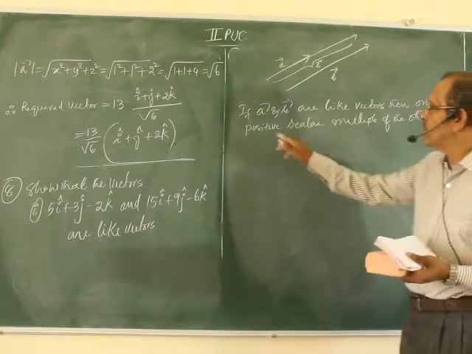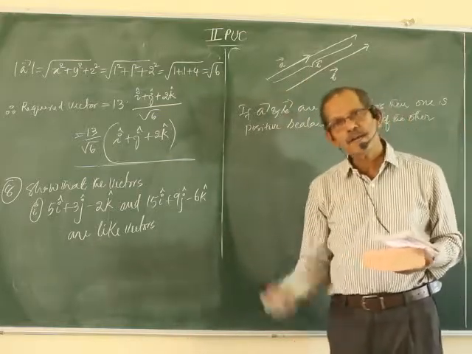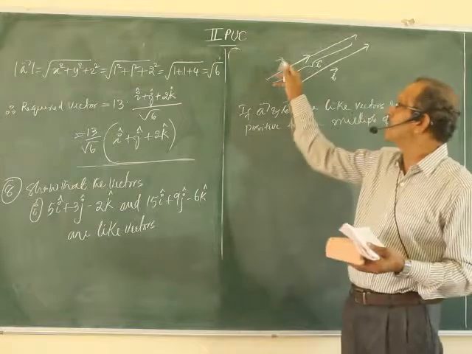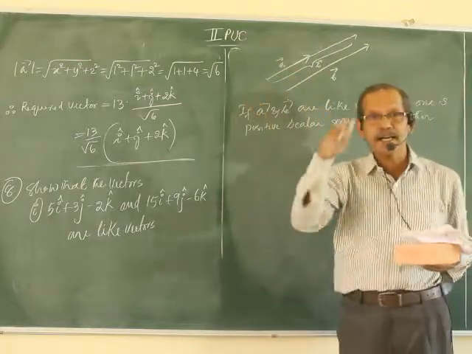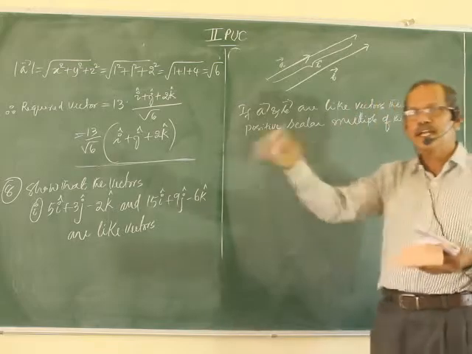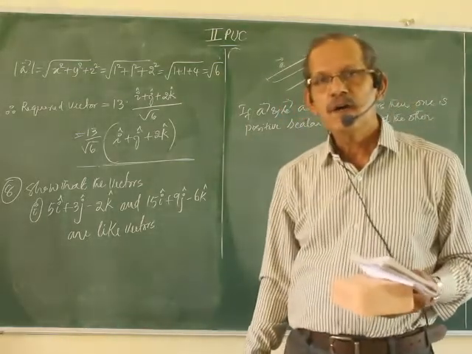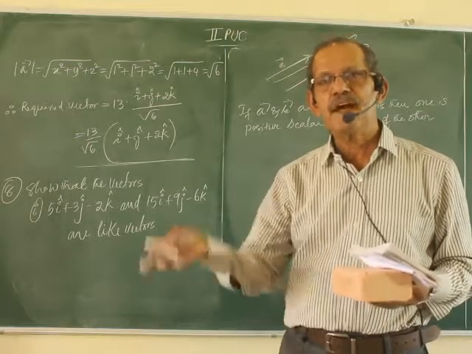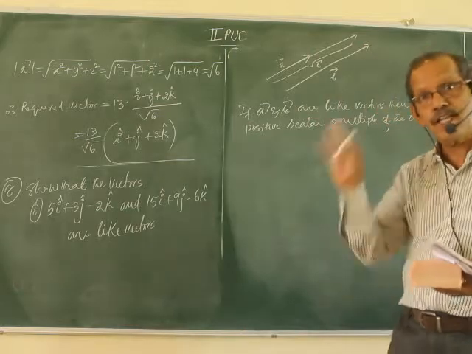Why positive multiple? If it is negative, then the direction will be reversed. Collinear means both like vectors as well as unlike. So in order to get a like vector, the direction should be the same, a positive scalar multiple. If n is greater than 0, both have the same direction. If n is less than 0, they are opposite vectors, even though they are collinear.